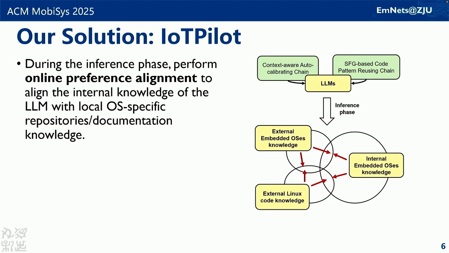Specifically, we introduce a context-aware auto-calibrating chain to align LLM internal OS knowledge with external embedded OS knowledge, increasing the success rate of header usage. Additionally, we introduce an SFG-based code pattern reuse chain to align LLM internal OS knowledge with widely used Linux code knowledge, enhancing the accuracy of generated API call relationships.